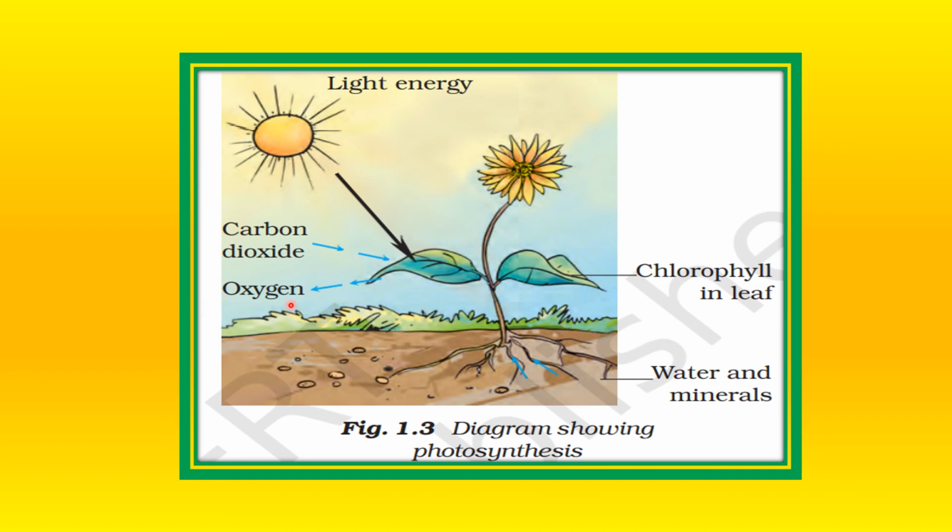What does it release? Oxygen. It needs carbon dioxide to prepare food, and after the process is completed, the pores of the leaves release the oxygen. Okay, this process is called photosynthesis.